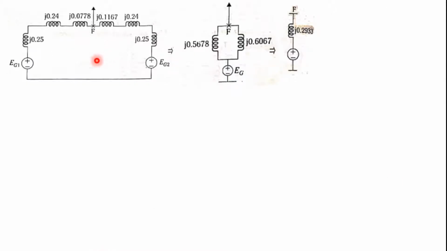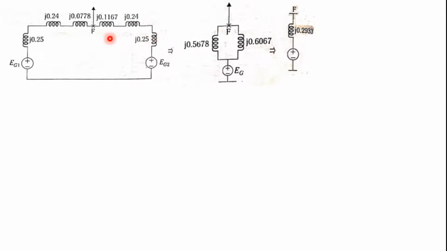Based on that, we need to draw a single line diagram: a generator, a transformer, then the 20 kilometer length of transmission line, then the 30 kilometer length because there is a fault at F, then the transformer and generator G2.